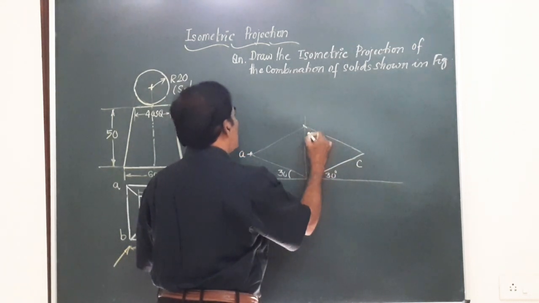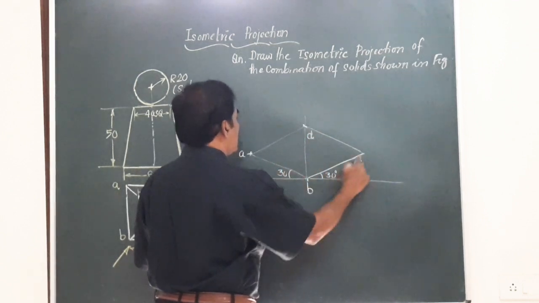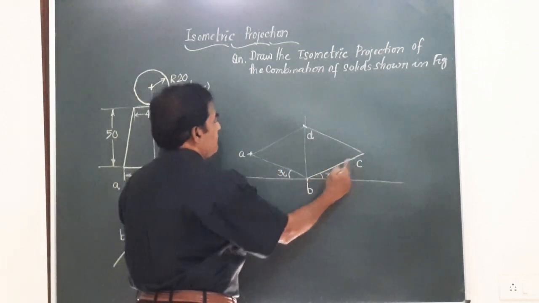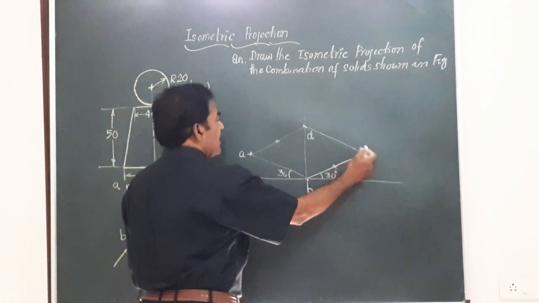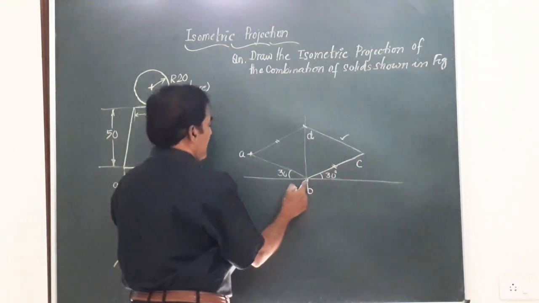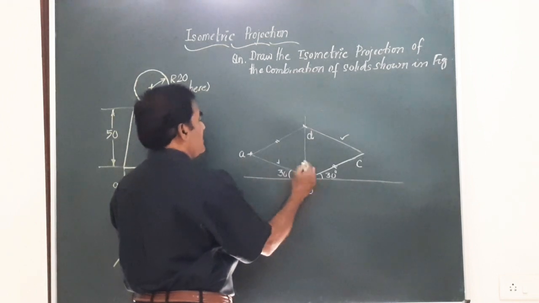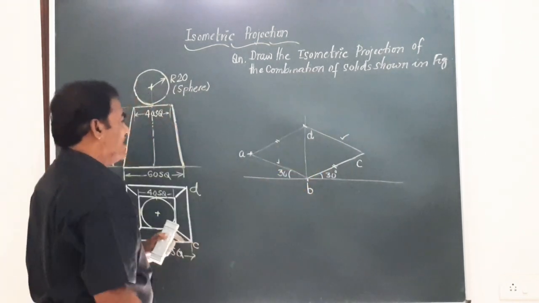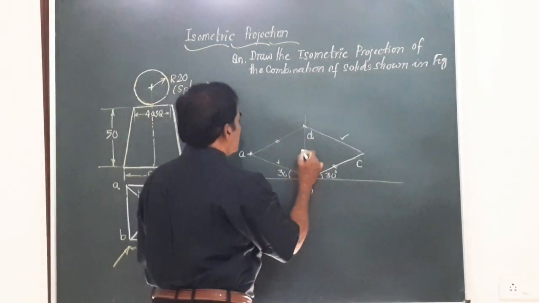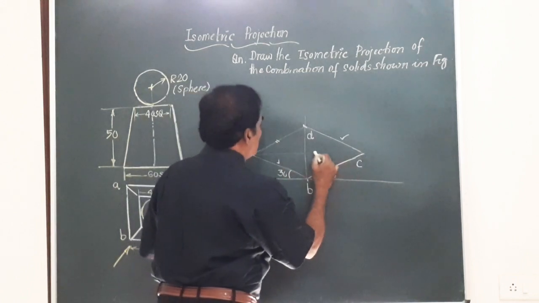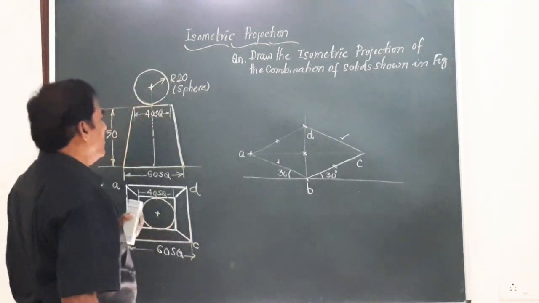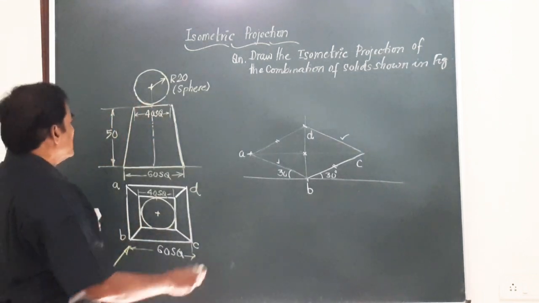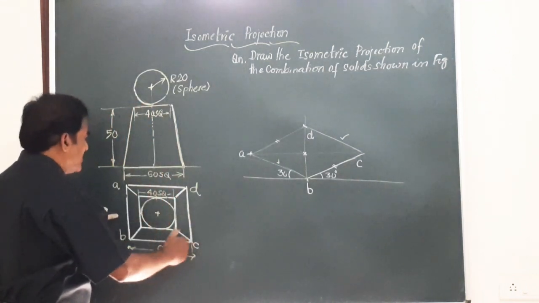This point is going to be D: A, B, C, D. Remember friends, BC is parallel and equal to AD, and CD is parallel and equal to AB. So, opposite lines are parallel and equal, and say this is the center of this bottom face. Now we have constructed the base of the frustum.